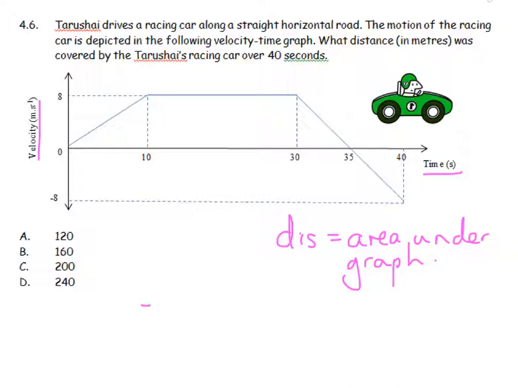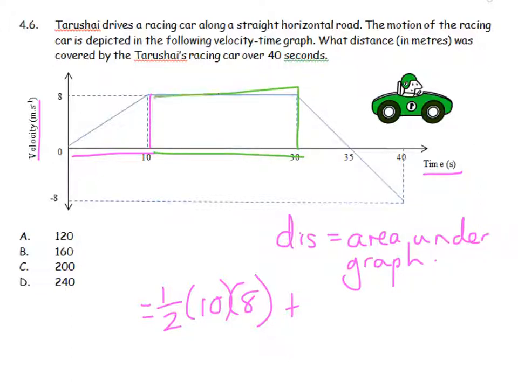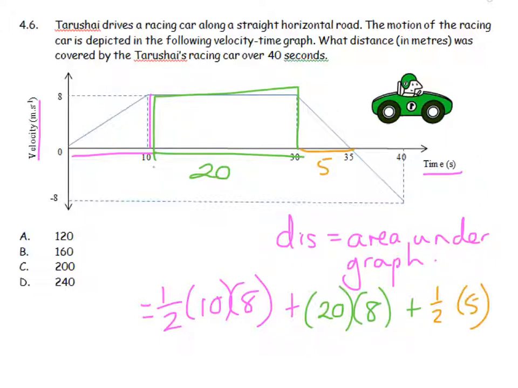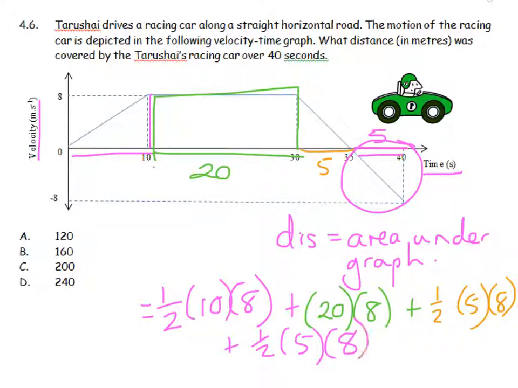And that is going to be equal to half of the base, 10, multiplied by the height, 8, plus this rectangle, which has a base between 10 and 30 of 20, and its height is 8, plus I have half of, it's a triangle again, half of a base of just 5, multiplied by a height of 8, and now the big thing is to add that, plus half of, again, the base here is 5 of that triangle, 5 multiplied by negative 8, but I'm going to keep it positive because I'm looking for distance.